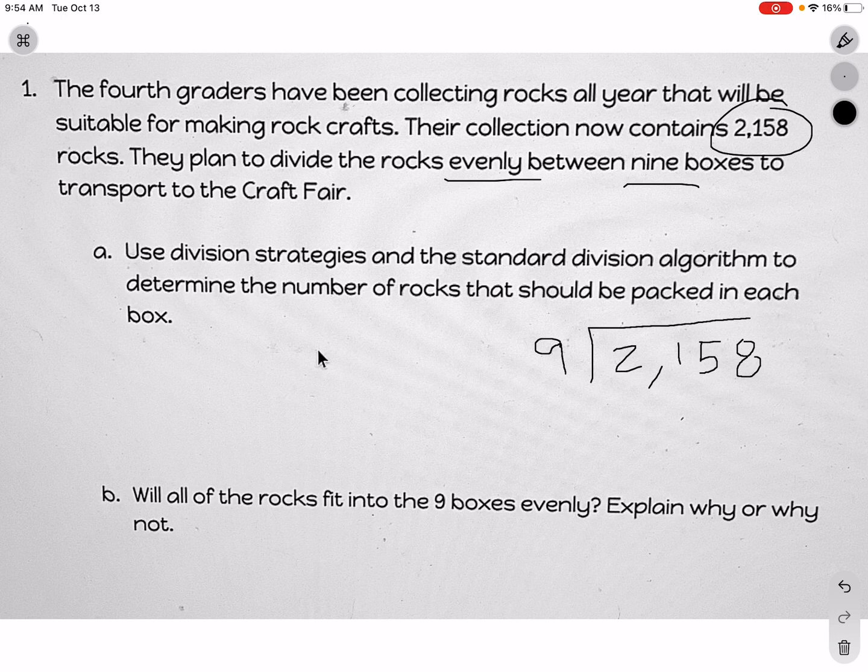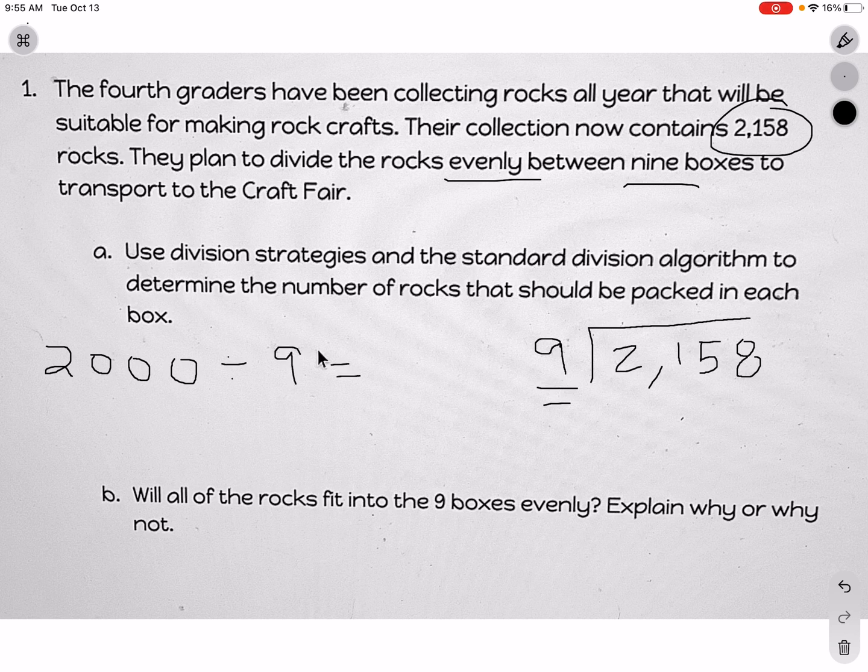Well, I'm looking at 9 and I'm looking at 2,158, and I'm thinking about how many times 9 possibly could go into 2,000. 2,000 divided by 9 equals.